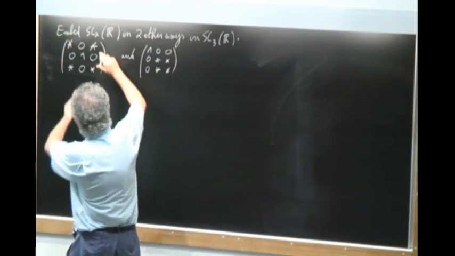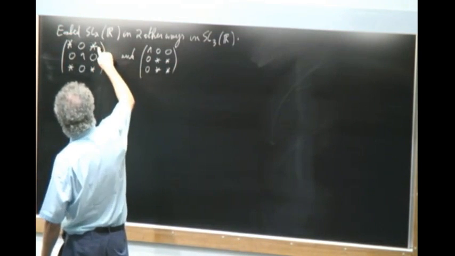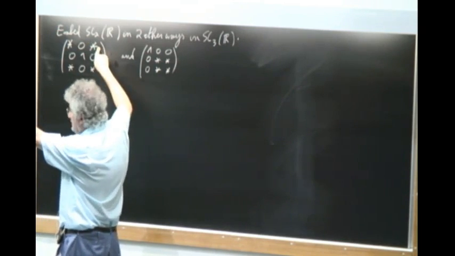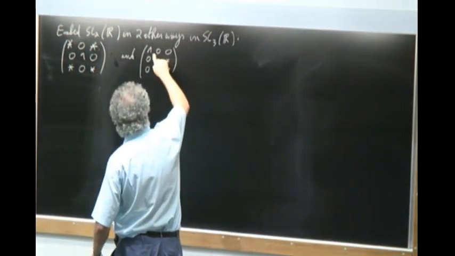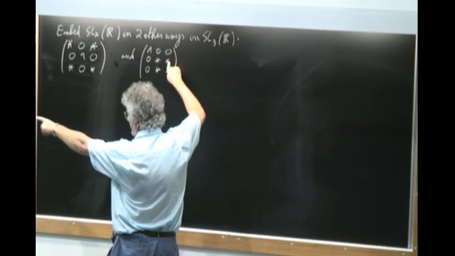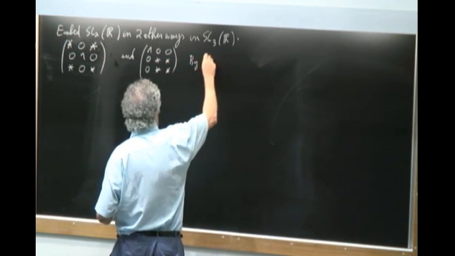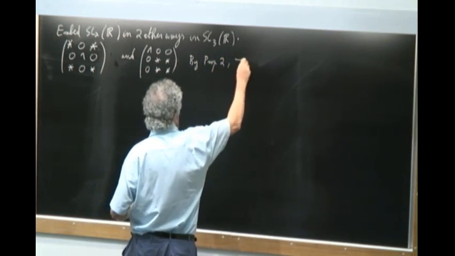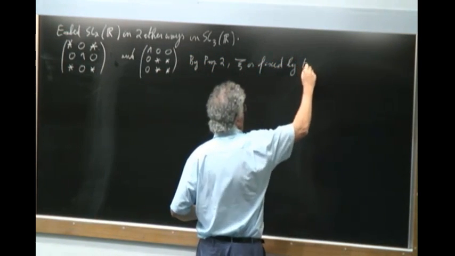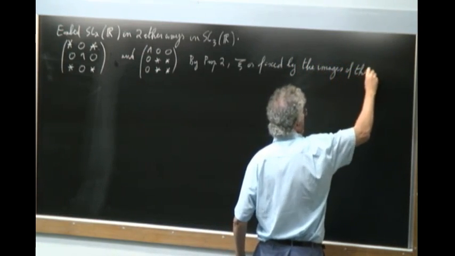And you see that for the first embedding, the element in the upper right corner corresponds to the group N in proposition 2. For the second embedding, the element in position 2, 3 corresponds to the subgroup N. So, by proposition 2, psi is fixed by the images of these two embeddings.